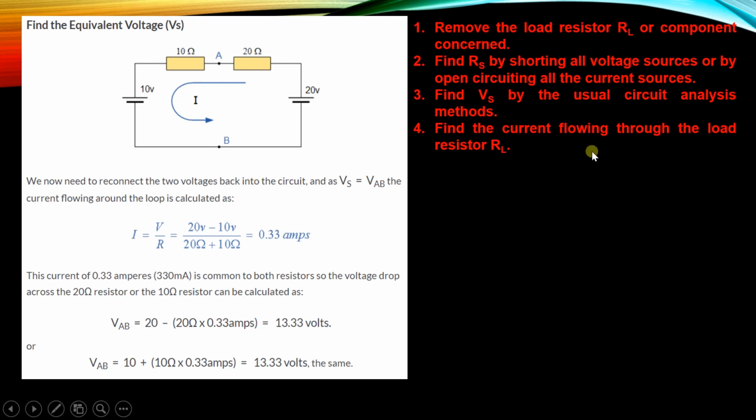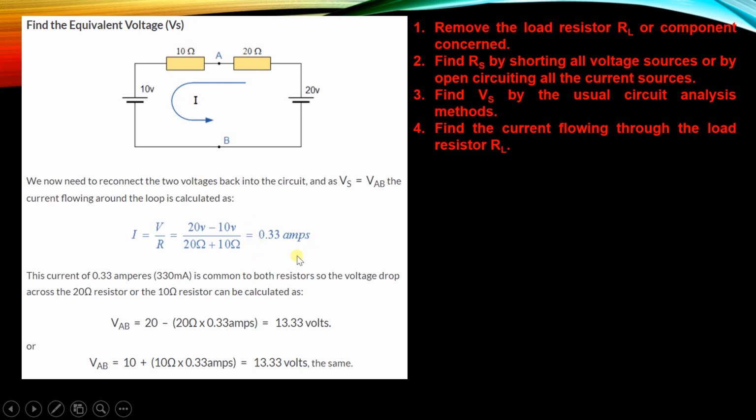So for finding the current through the load resistance RL, we find the Thevenin voltage. This I is equal to V upon R. V is the voltage across the circuit, means 20 minus 10, upon the resistance, which is 20 plus 10.